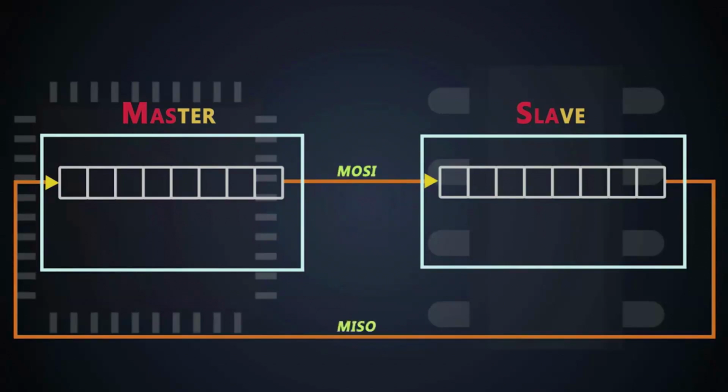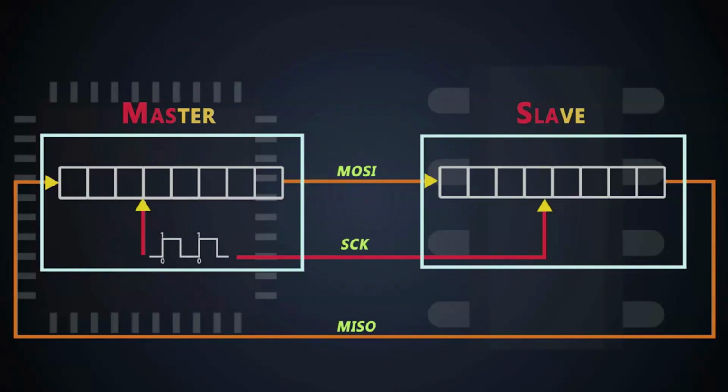Well, SPI is a synchronous communications protocol, so there will be a clock signal for both master and slave for synchronization. And the master generates this clock to get control of the communications. For now, let's ignore the chip select line. Let's see how data is transferred from master to slave.